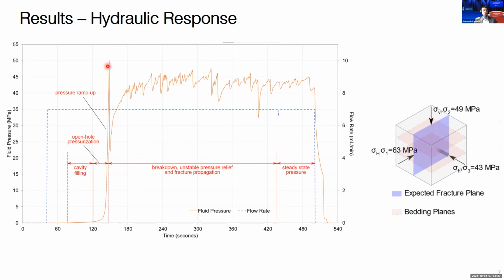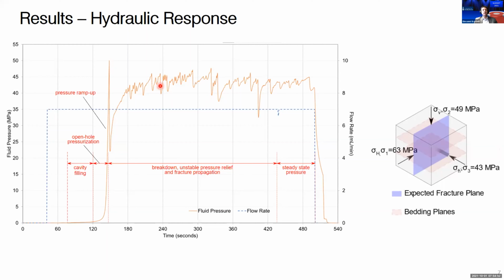So we saw quite a steep pressure ramp-up once the cavity had been filled. We have a breakdown pressure, a drop in pressure, a pressure recovery, and then basically an unstable fracture propagation process with a sort of average propagation pressure.